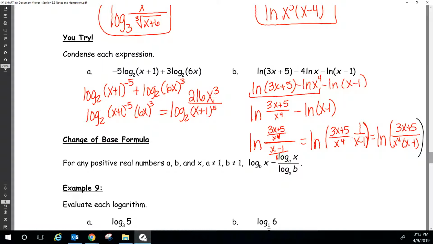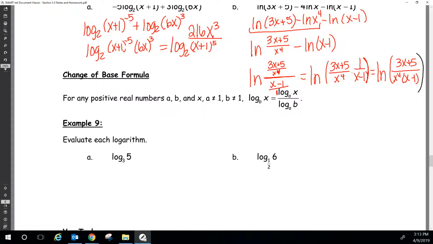All right, and example number 9 is the change of base formula. So sometimes we want to go from one base to another, and when we do that, we do log base b of x is equal to log base a of x over log base a of b, which sounds weird, but say I wanted to change log base 3 of 5 into log base 10.